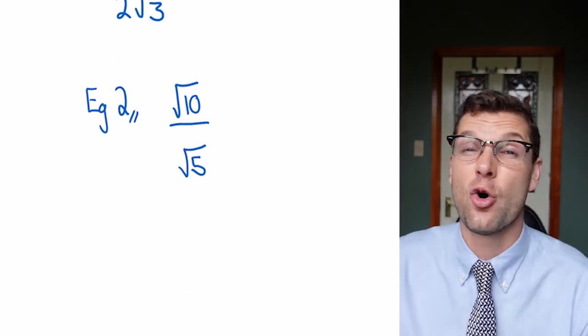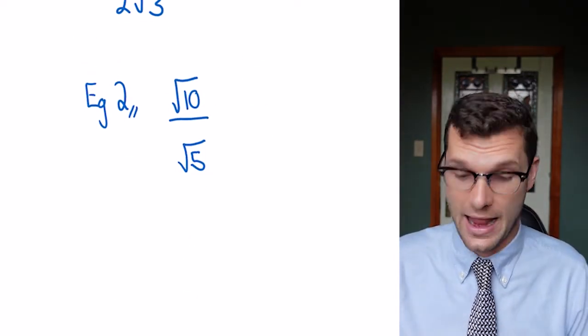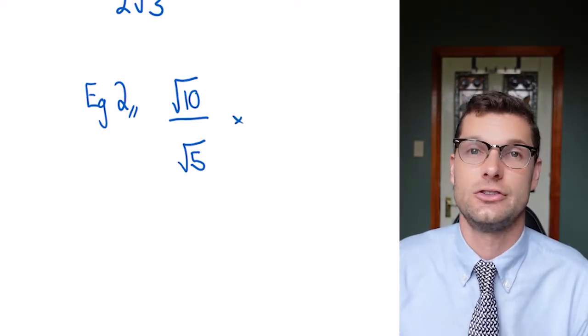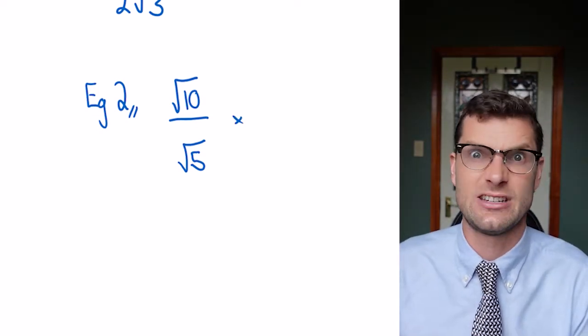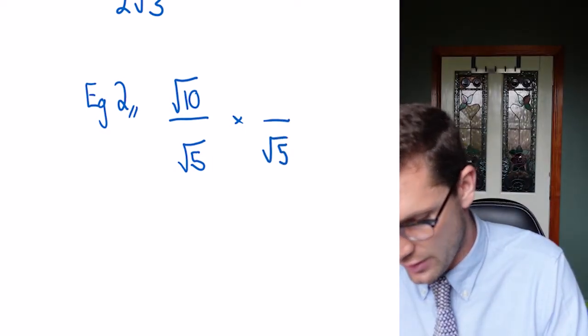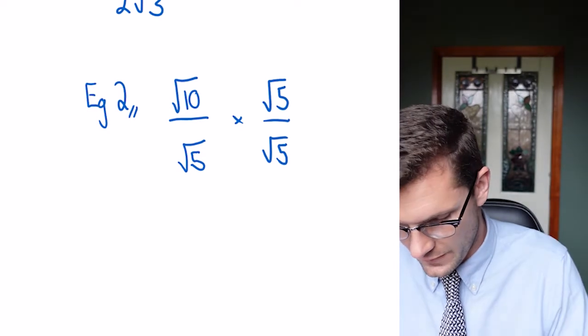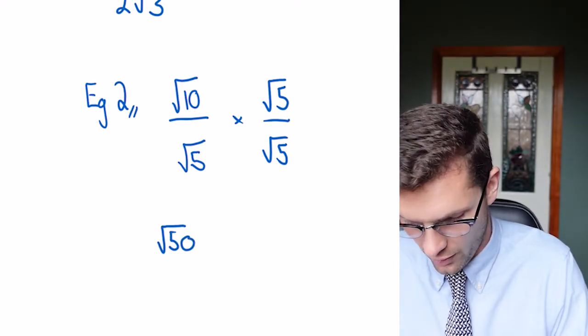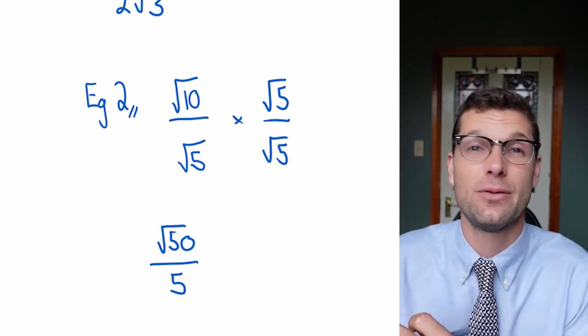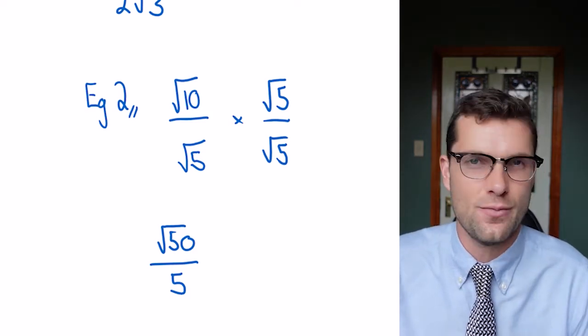For this one here, you can also do it when there's a surd on top and bottom. I still have to make sure I am only focusing on the denominator. Don't worry about that root 10 at all. So I'm just multiplying the top and the bottom by root 5, which ends up with root 50 over 5. You do have to be careful though, because if you can simplify that top surd, you must do so.